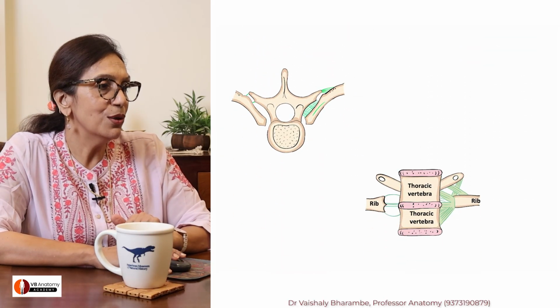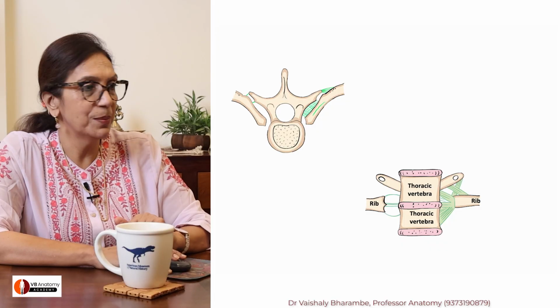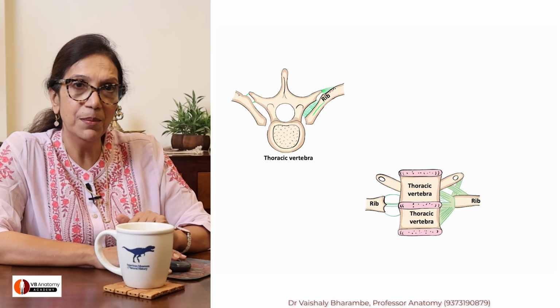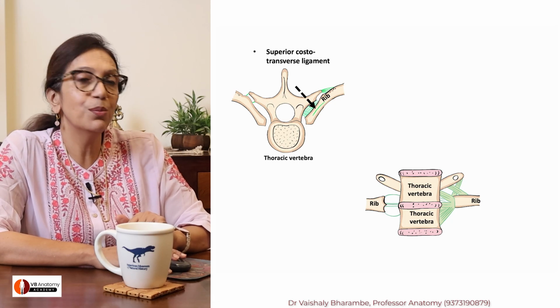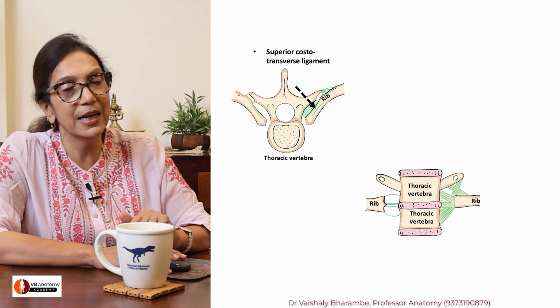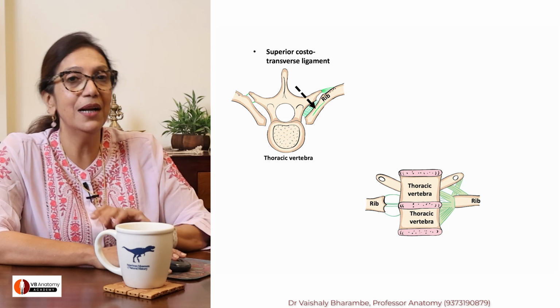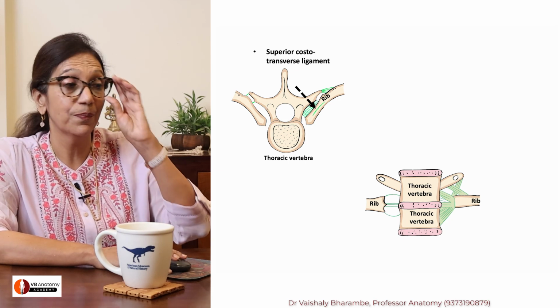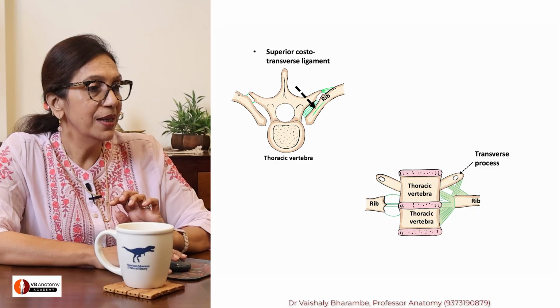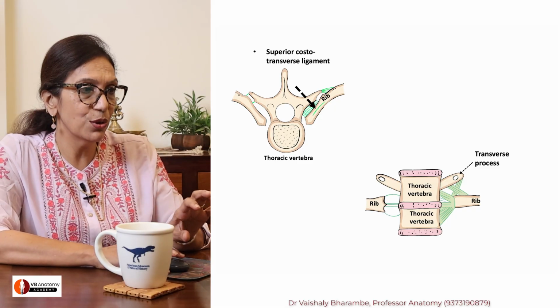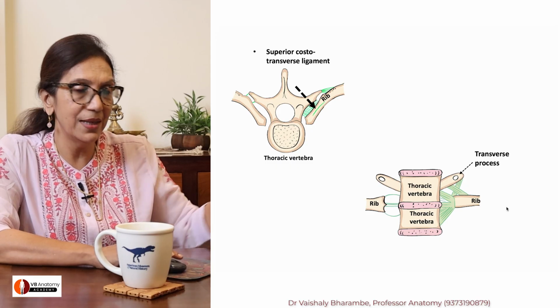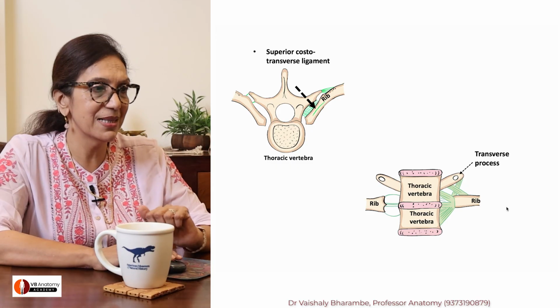Now here I am showing you a vertebra articulating with the rib. You can see that a ligament is attaching to the rib called the superior costotransverse ligament. Now this is a little difficult, but I want you to just note it. In the second image, we are looking from the front. So, thoracic vertebrae and the ribs articulating with it from the side.